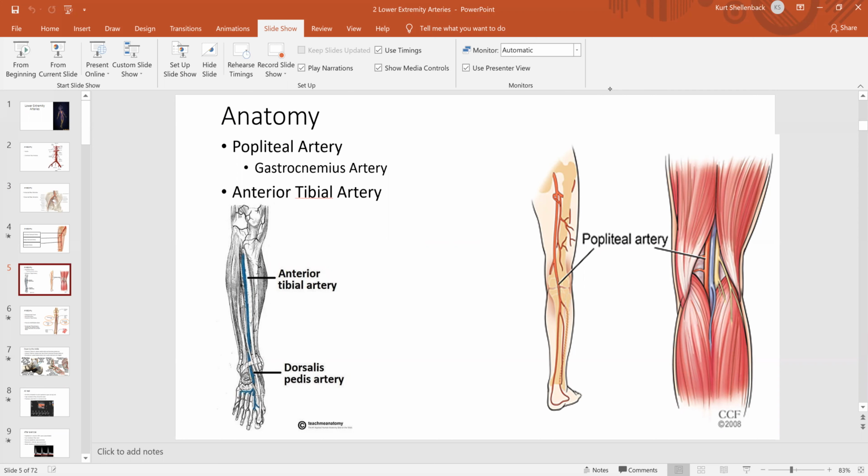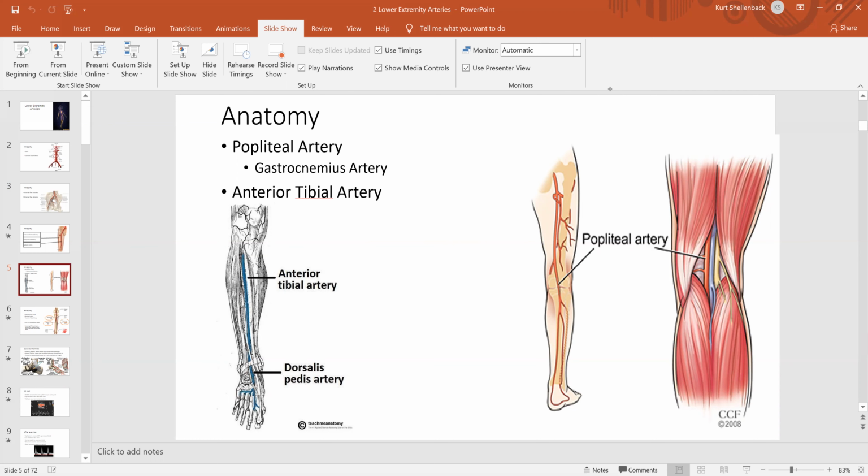And the first thing that you see coming off is actually not the anterior tib, but the gastrocnemius artery. So if you see an artery going specifically right into the middle of muscle, that would be the gastrocnemius. The anterior tib will be the next one to come off. It usually comes off at a pretty, no, I shouldn't say acute angle, more like an obtuse or almost a 90-degree angle.